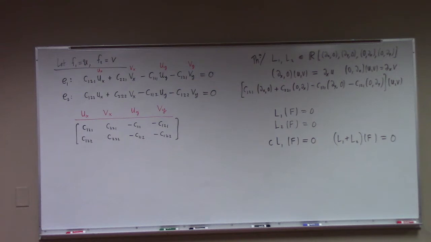Oh, I think it is. I'm just worried that I'm glossing over something here. Okay, all right. So we believe that doing elementary row operations to that system does not change the solution set.